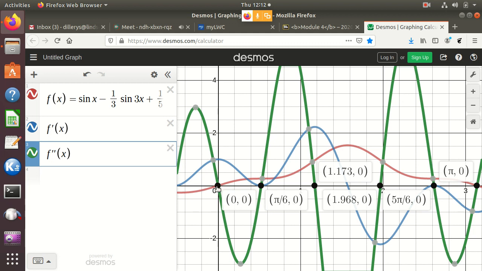Now, here we're at the edge. 0 is an inflection point, but in some ways it's kind of hard to tell unless I go beyond the original 0 to pi bounds to really see it. And then the same thing at pi. It is an inflection point, but I have to kind of look for that.